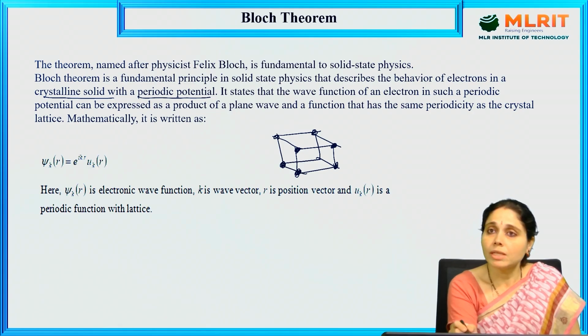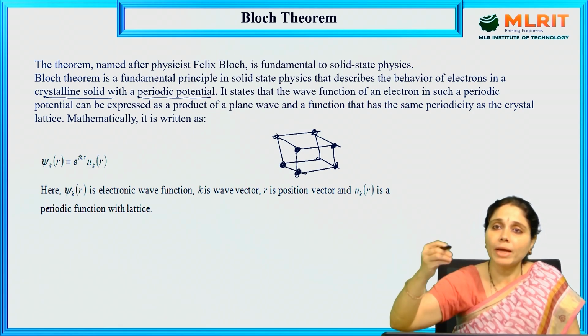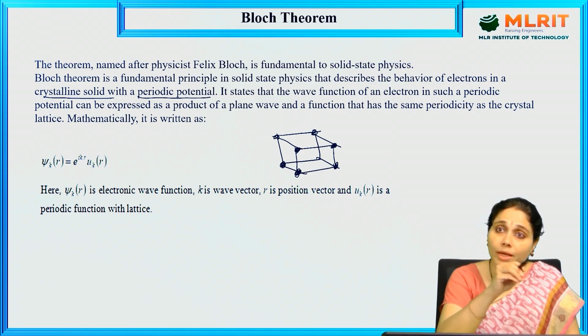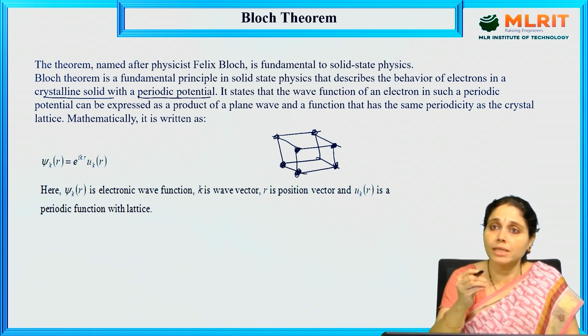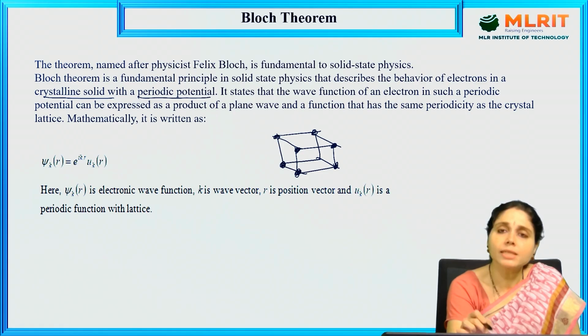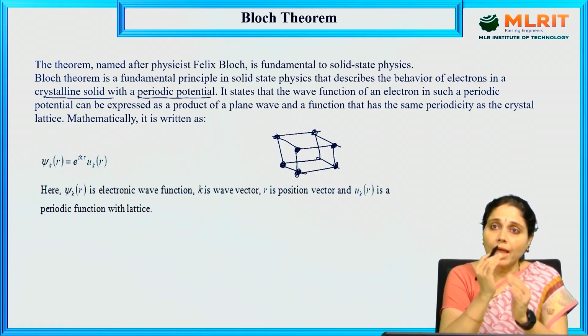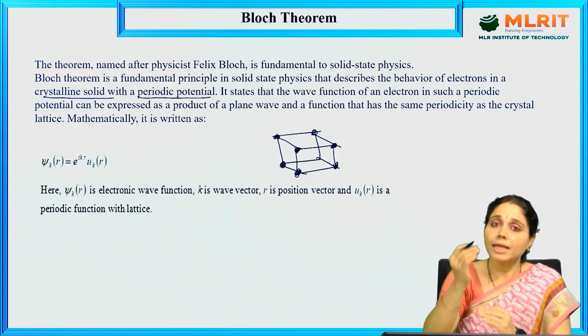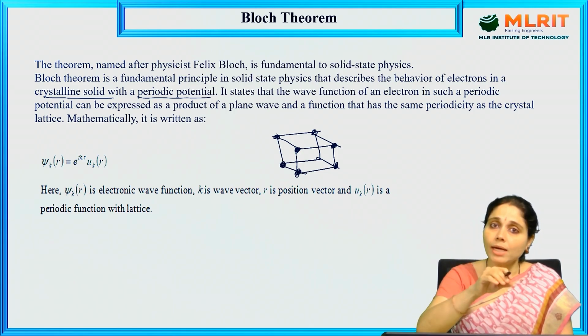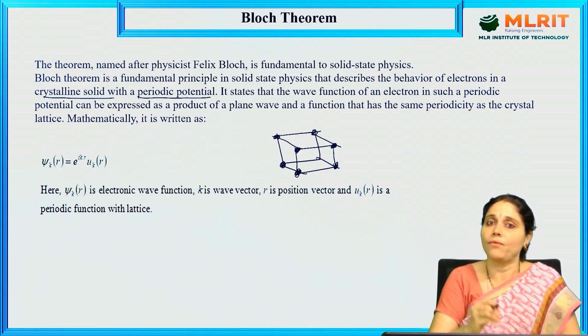This is what we learned in crystallography, and we are now applying quantum mechanical principles to understand the electronic structure: how the electrons behave in an atom, and how they behave with respect to the crystal lattice. When the atoms come close together, they form a crystal lattice, and that crystal lattice gives us the same electronic behavior.